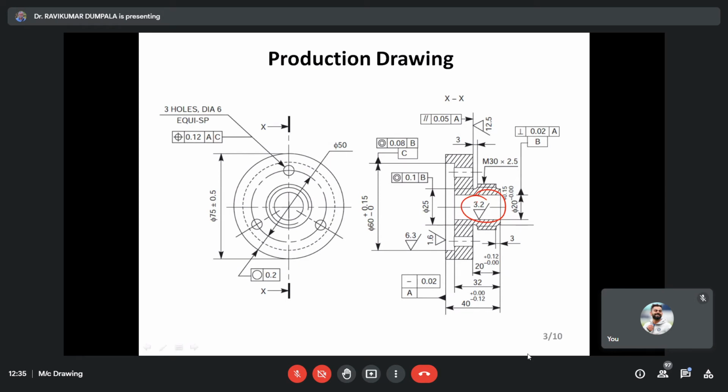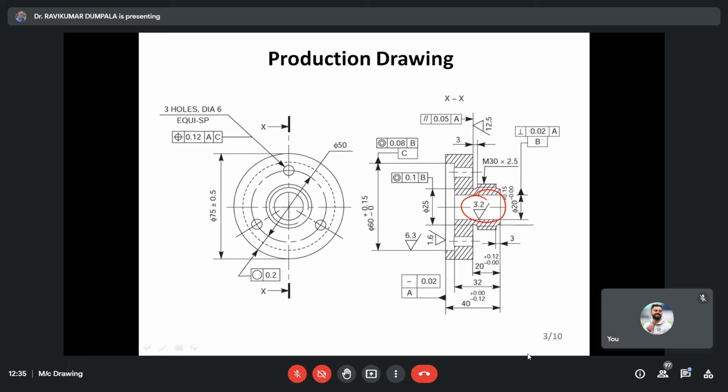These production designers are paid very hugely. Why? Because they alone can decide how, at low cost, they can produce the component without compromising on functionality. They know what quality of the product they have to achieve, and further they have to give the optimum tolerances. The closer the tolerances, the more the cost of the component increases, so the cost of the assembly and the product increase.